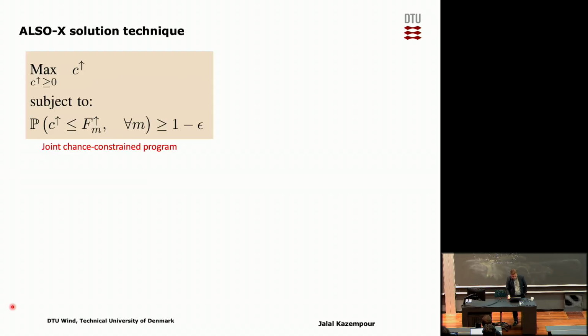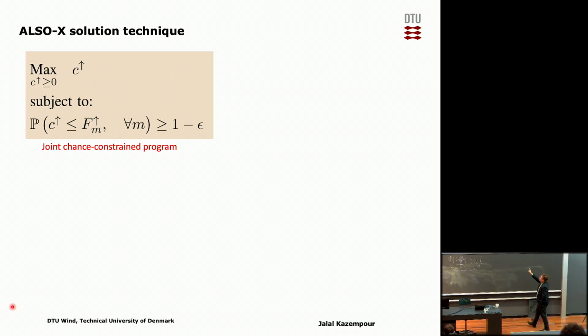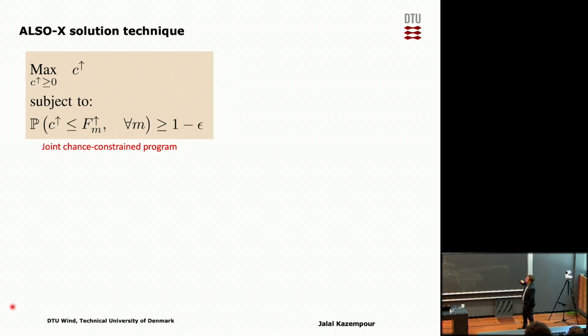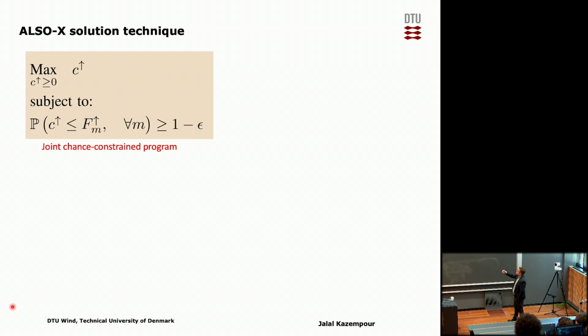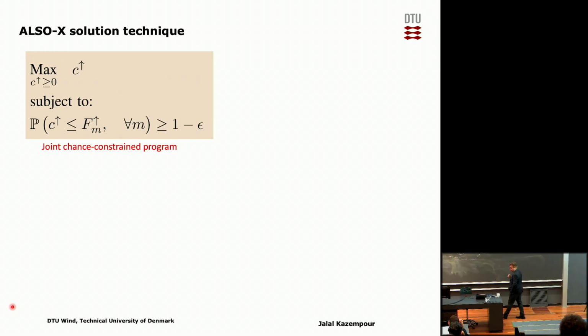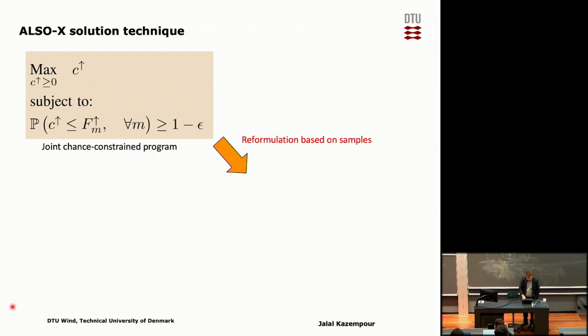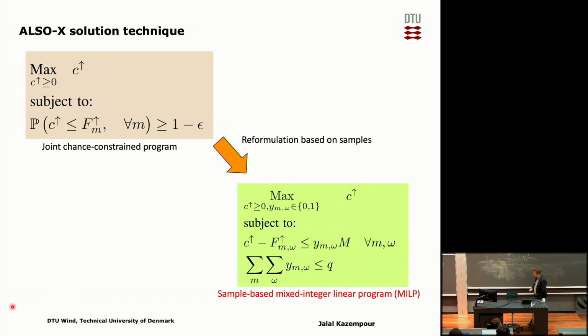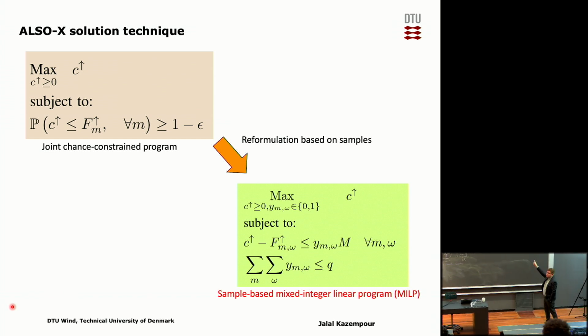Good. So this is what we saw. Chance constraint problem for optimal FCRD up problem. C up is your FCRD up bid with chance constraint. We can reformulate it based on samples. We can reformulate that problem to be like this one.